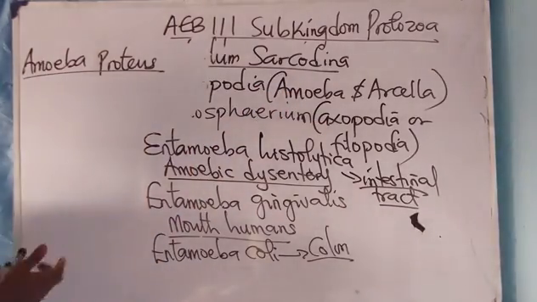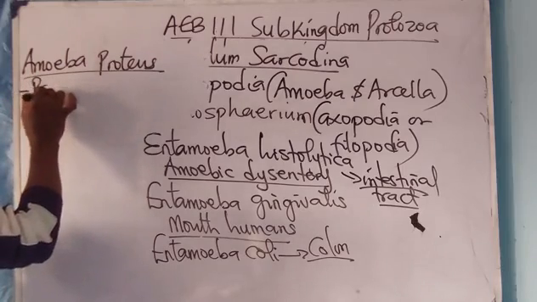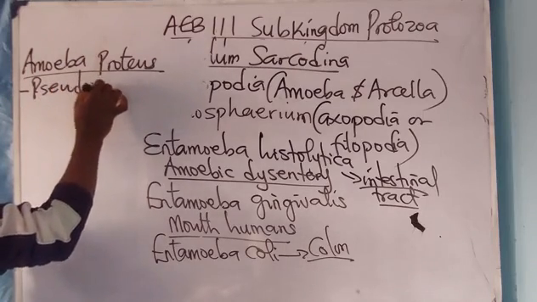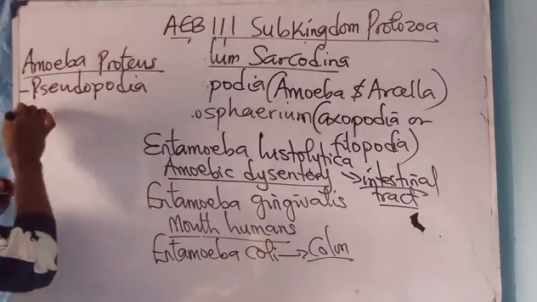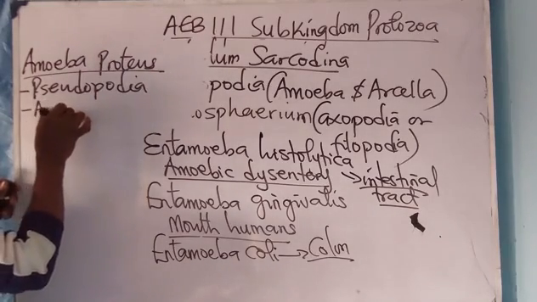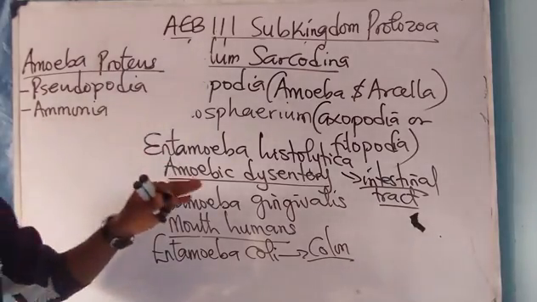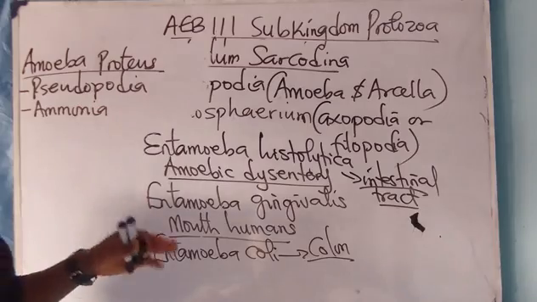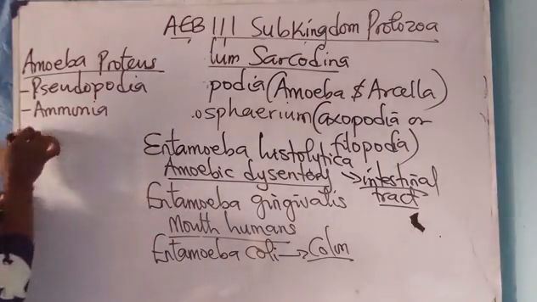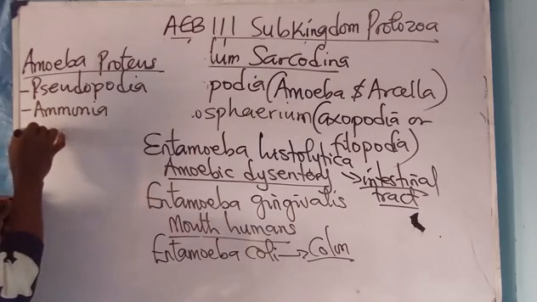Now, what are the features of amoeba? It locomotes using pseudopodia, as earlier mentioned. The major excretory waste of the sarcodines is ammonia.